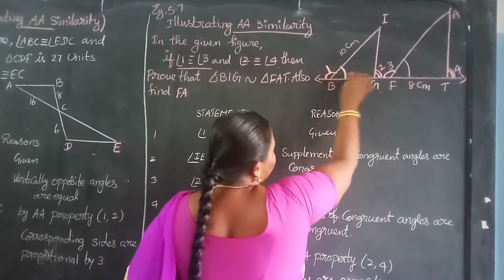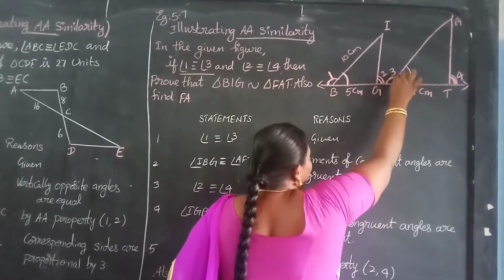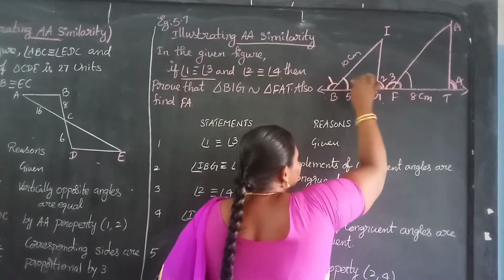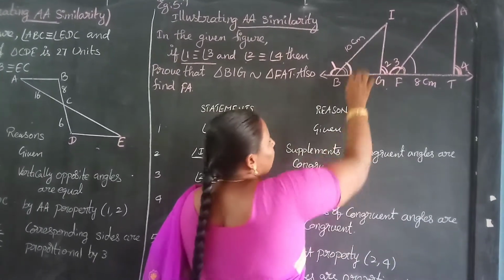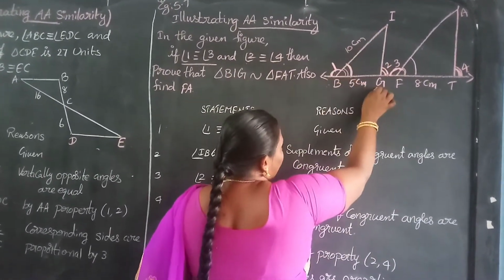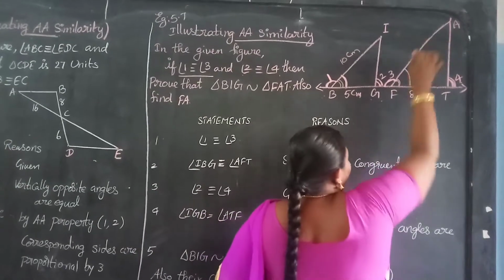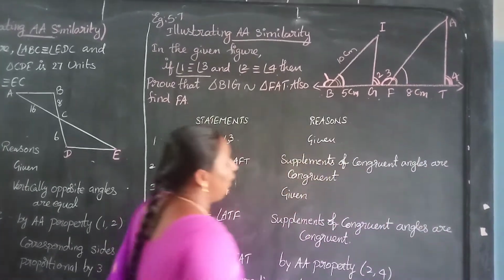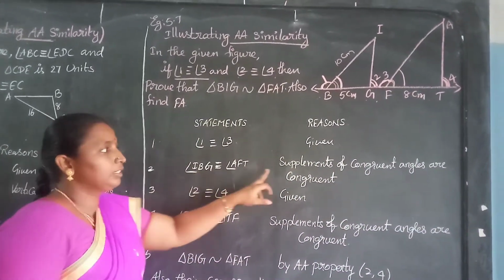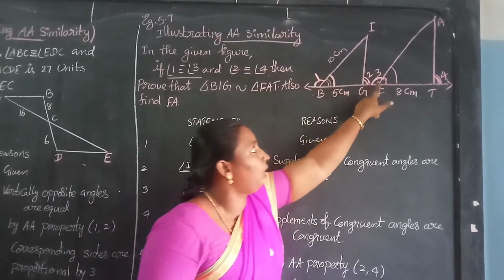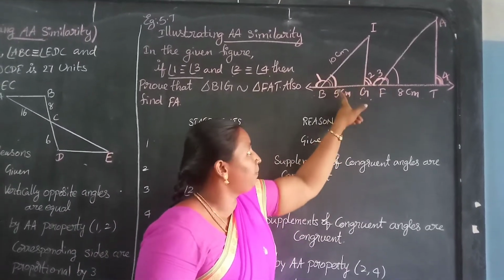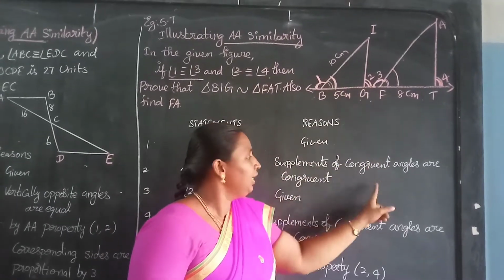This angle 1 is equal to 3 now. What is the remaining angle should also equal to this remaining part. So for that we can say that angle IBG is equal to angle AFT. Supplements of congruent angles are congruent. Here this angle is congruent to both, then the supplementary angle should also be congruent.